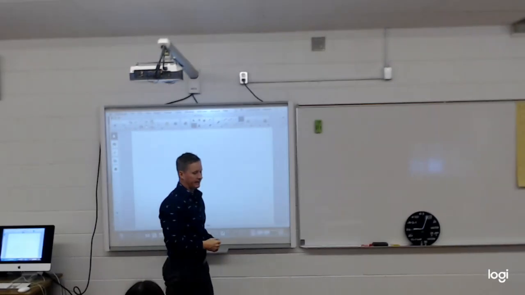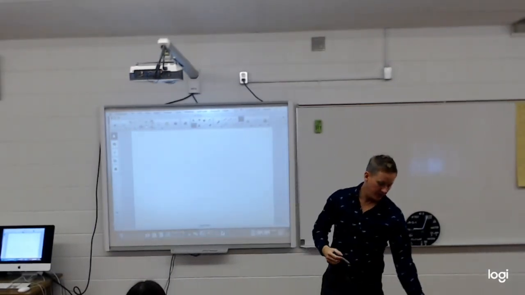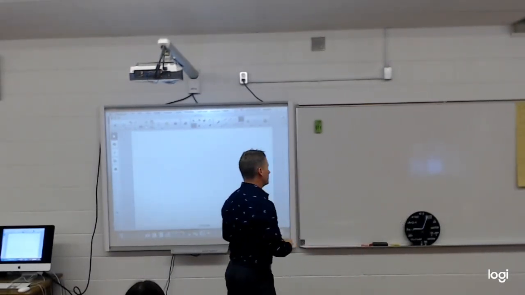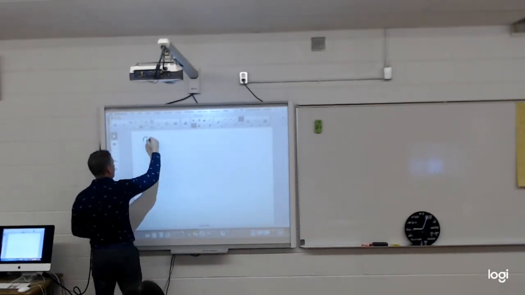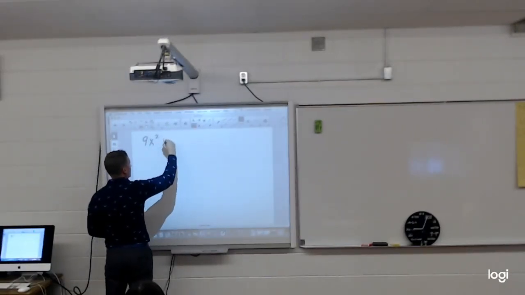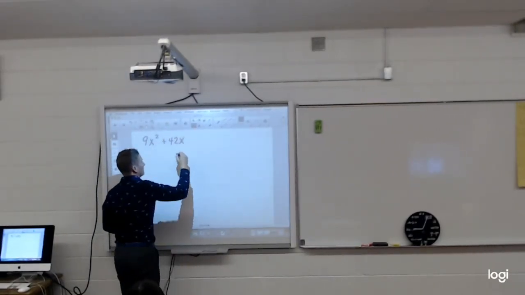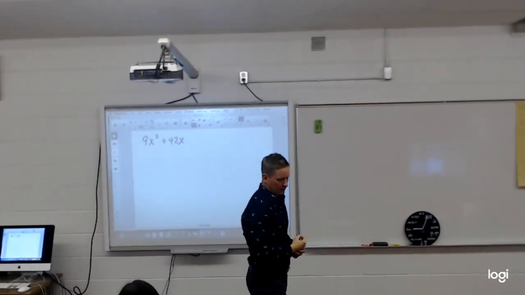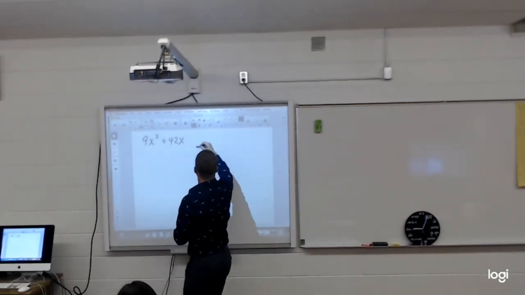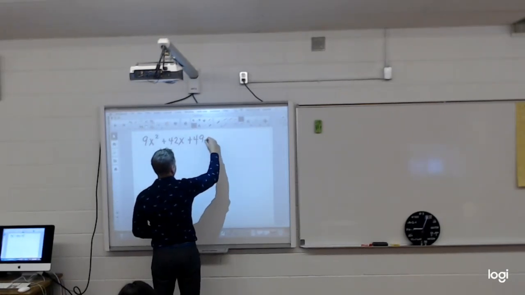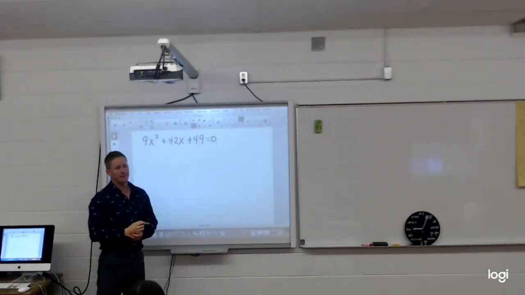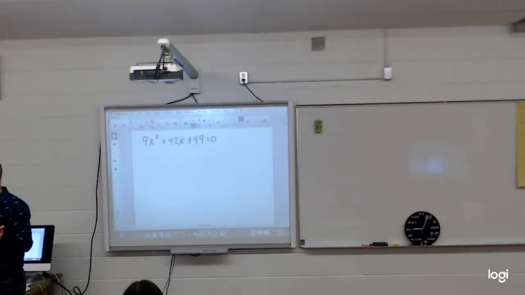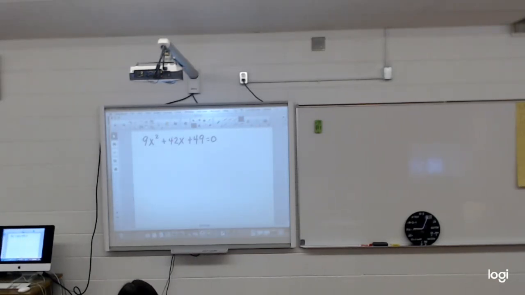Now, what happens if we don't have something that's factorable? What happens when we don't have an a value that comes out nicely? Plus 49. Okay. That first example worked great because it came out and it was easily factorable.